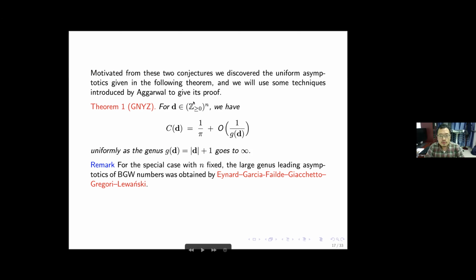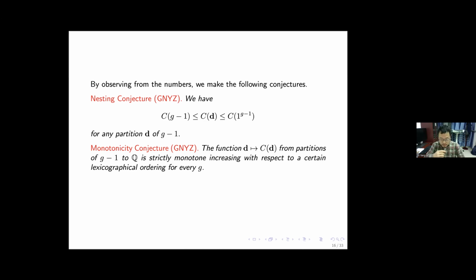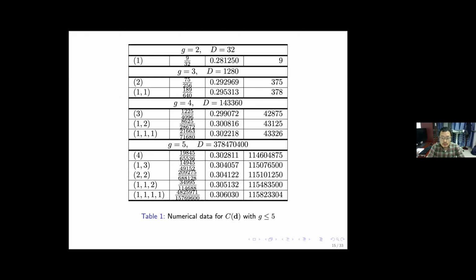Motivated from these two conjectures, and also some details of this motivation, maybe if I have time, I will explain some more motivations later. Our first theorem is that all these numbers uniformly tend to 1 over pi.